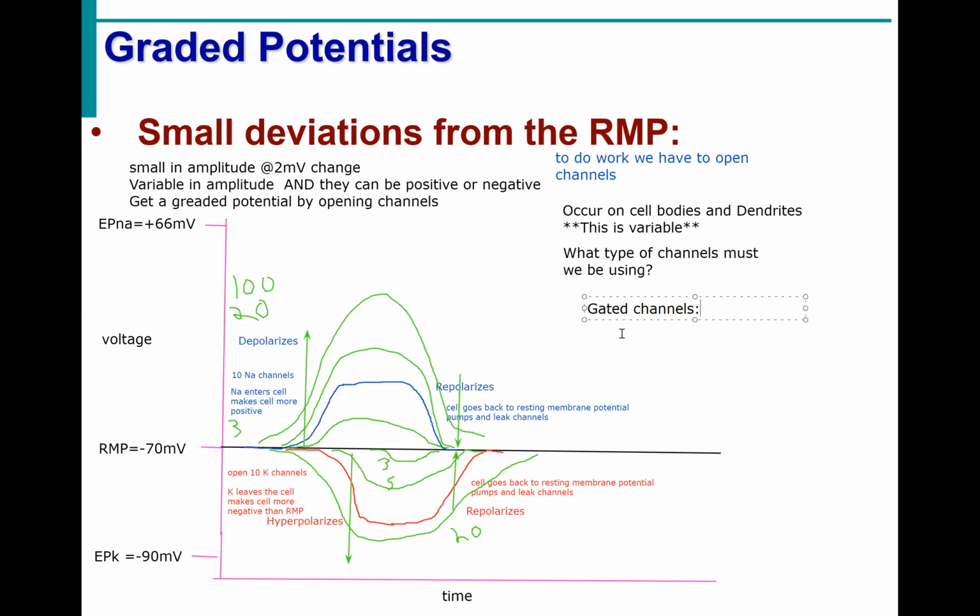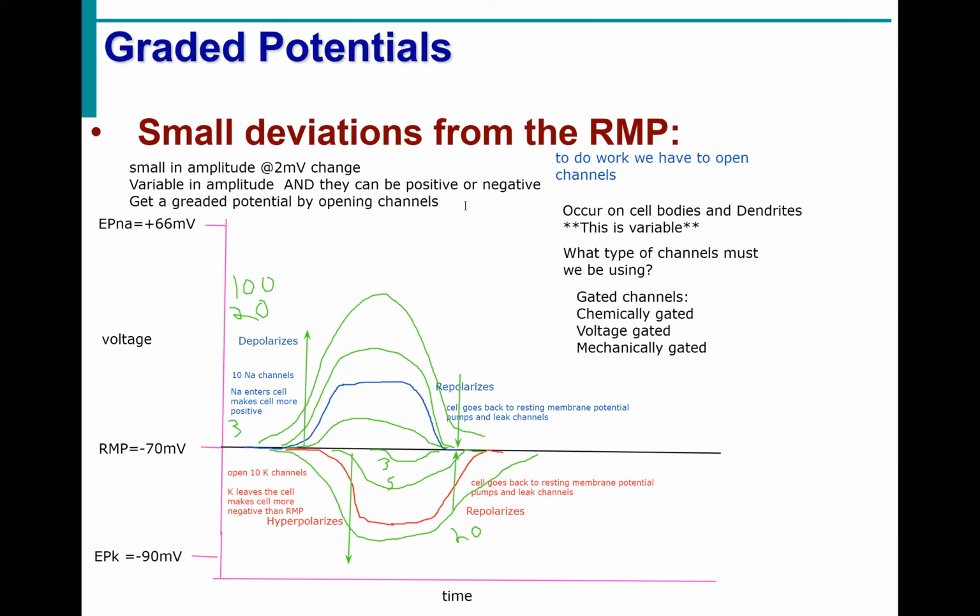There was chemically gated, there is voltage gated, and there is mechanically gated. So what are the types that we could use for something like this where we could only open a few? Well, let's talk about chemically gated channels.